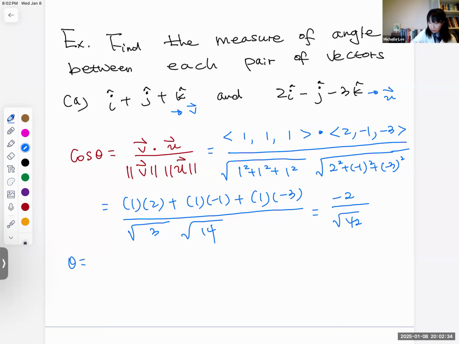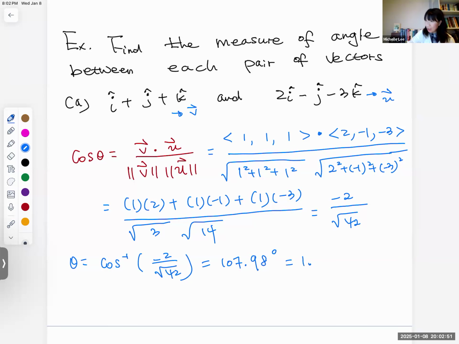So theta equals inverse cosine of negative 2 over square root of 42. So we have 107.980 degrees or 1.88 radians. Okay?